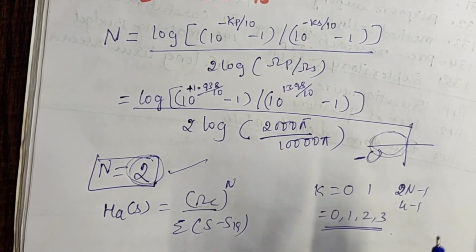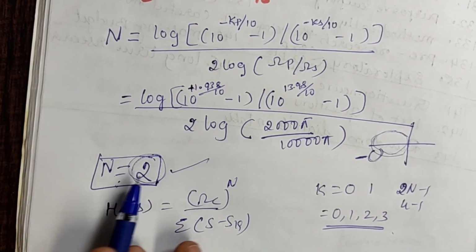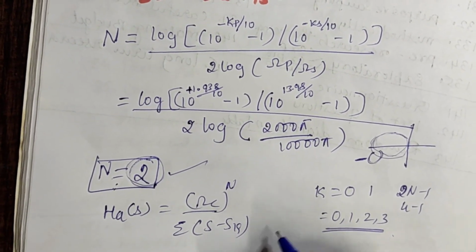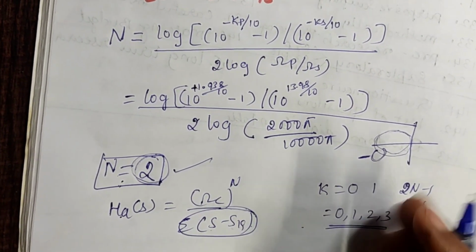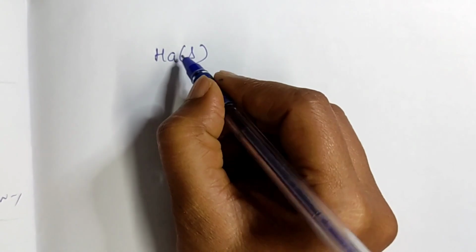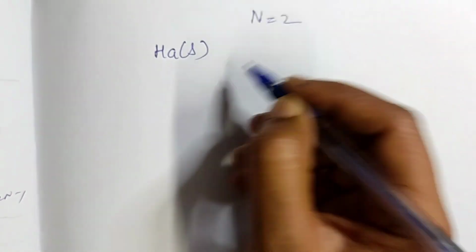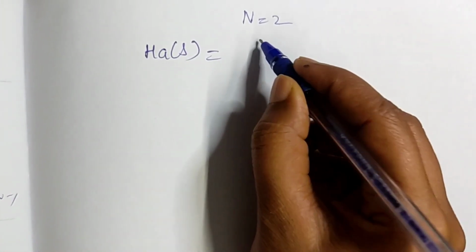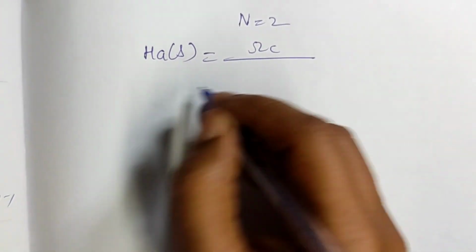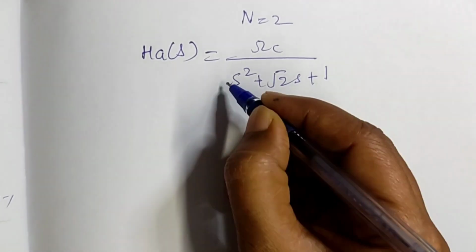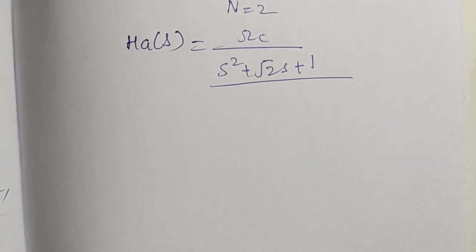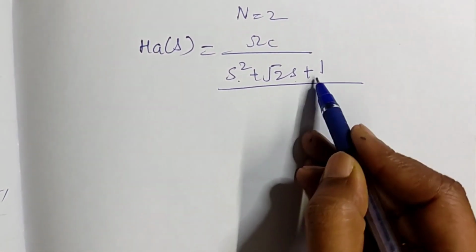You can calculate it, or else you can directly remember that when N is equal to 2, the denominator S minus Sk will be, you can directly write, H A of S when N is equal to 2 is equal to omega C divided by S squared plus root 2 S plus 1. This you can remember. If you calculate also, we get the same thing.